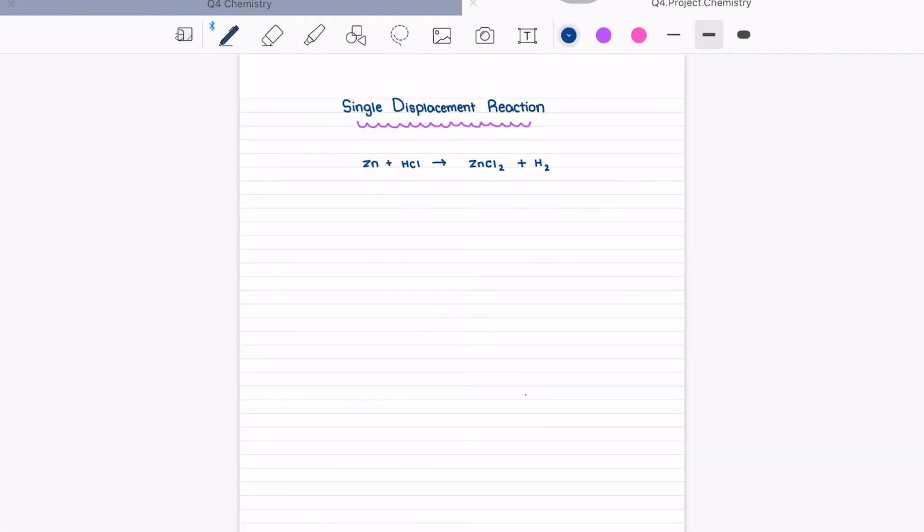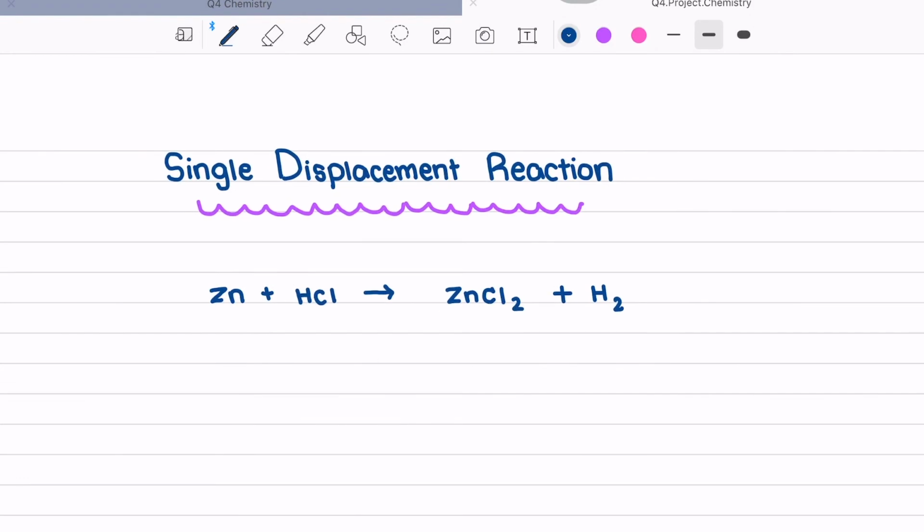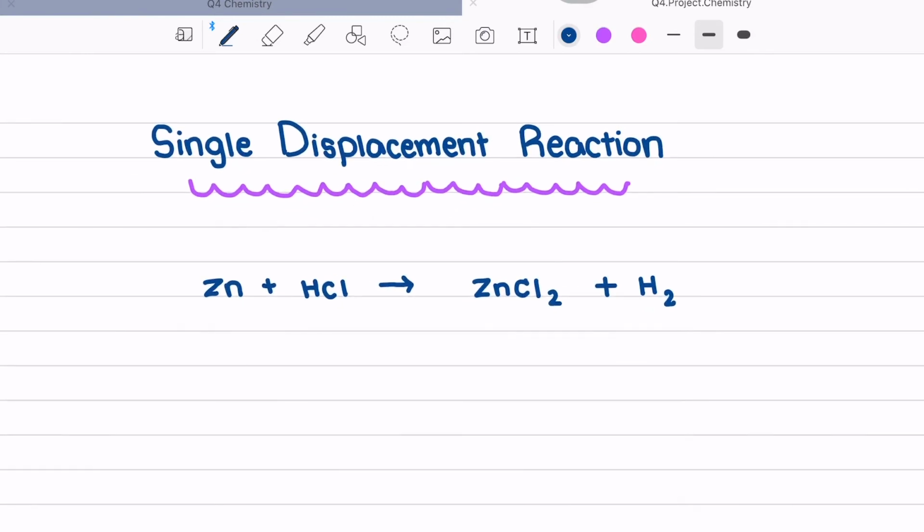Moving on to the next example, which is single displacement reaction. The example would be Zn plus HCl results in ZnCl2 plus H2. So let's start balancing. Over here, you can see that the reactant side and the product side for Zn are the same, so we don't need to do anything about it yet.